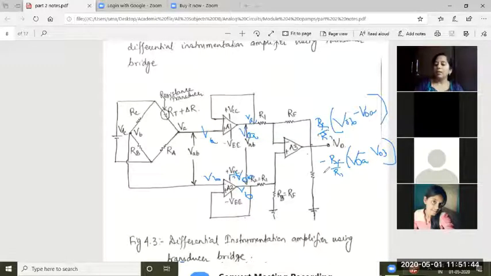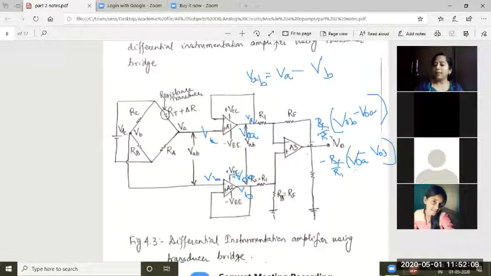So if I want to take the differential voltage as VAB, remember VAB means it is always VA first and then VB. It is VA minus VB. Okay, please remember. So since I'm considering differential input as VAB, this would be the value VA minus VB.